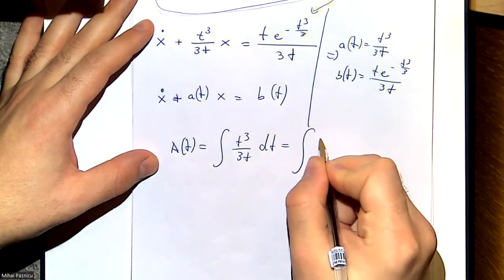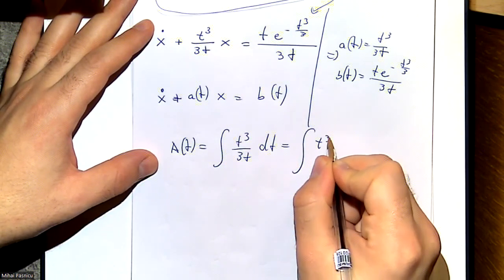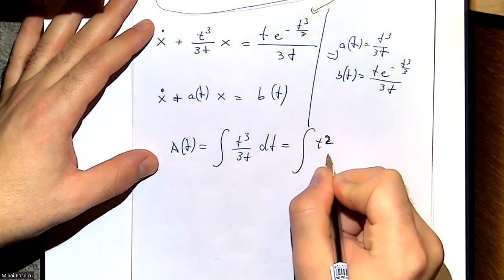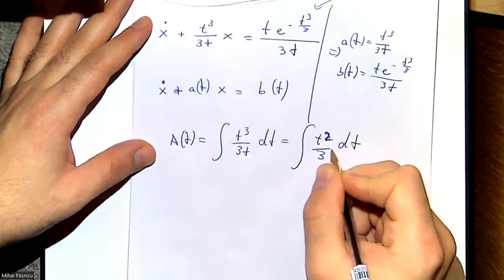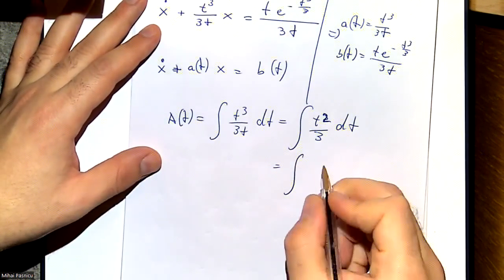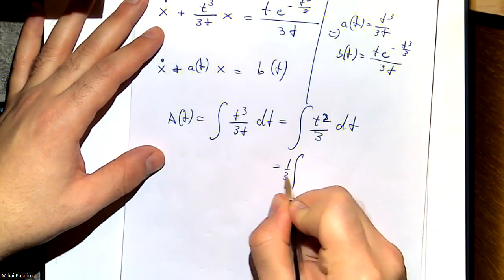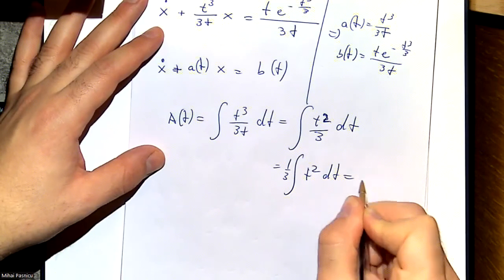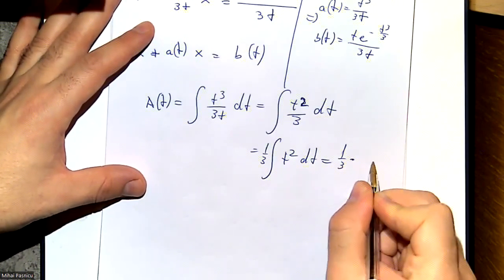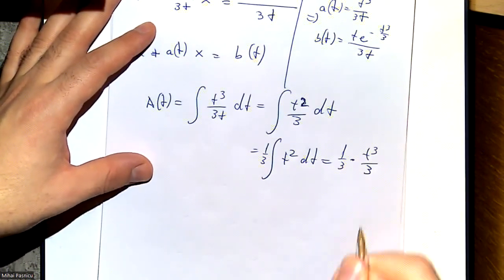That's equal to the integral of t^2 over 3 dt, which is just 1/3 in front, integral of t^2 dt. This is just 1/3 times t^3 over 3.